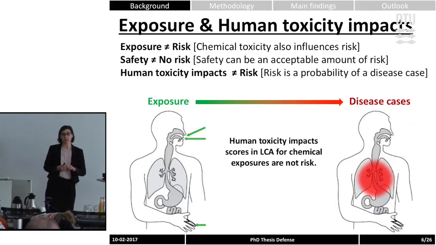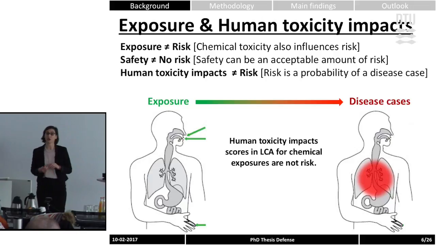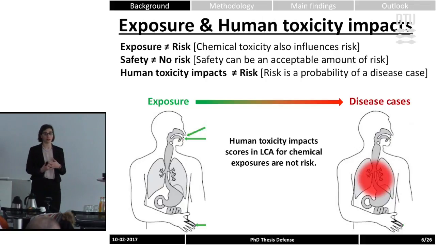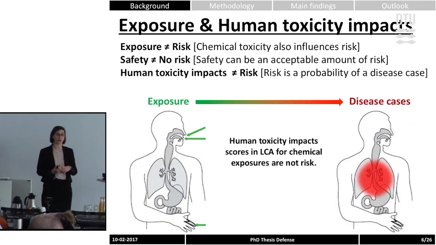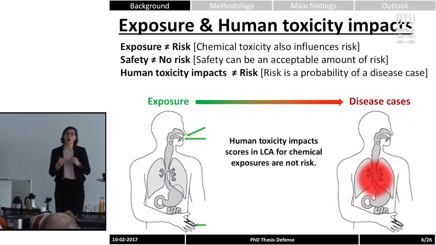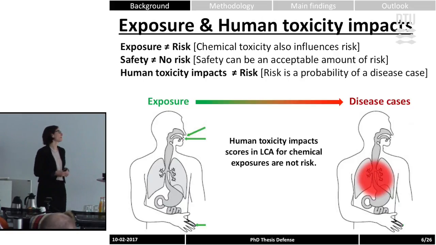Secondly, safety is not equivalent to there being no risk. Risk managers, for example, can set the safety limit for an allowable amount of risk. This might be one cancer case in 1 million people occurring with a probability of 5% or less, or something like this. So it's important to realize that safety isn't necessarily no risk, but can be the absence of measurable risk.